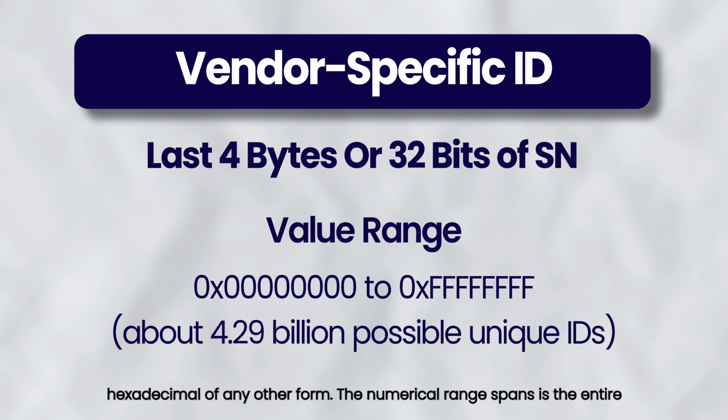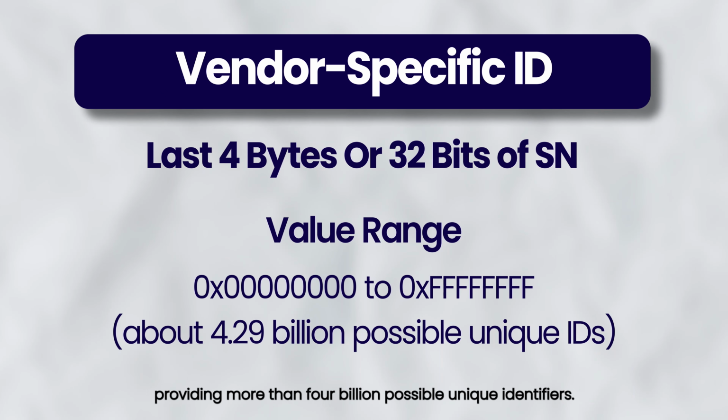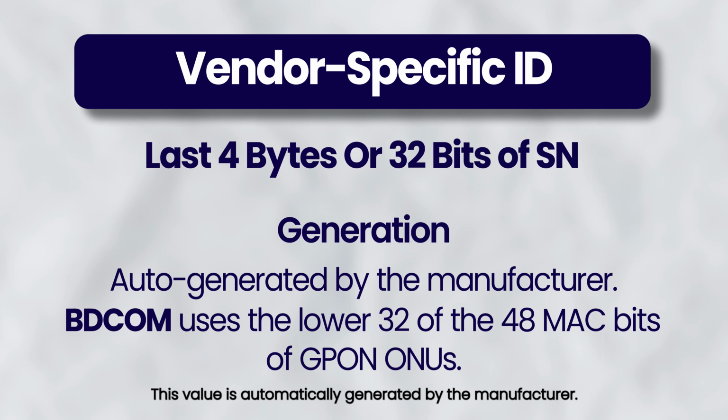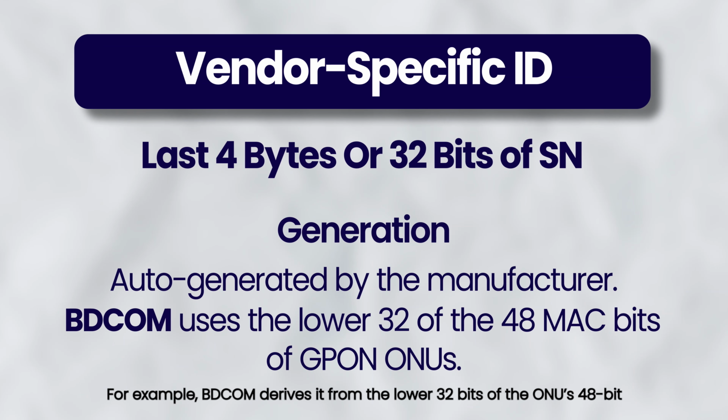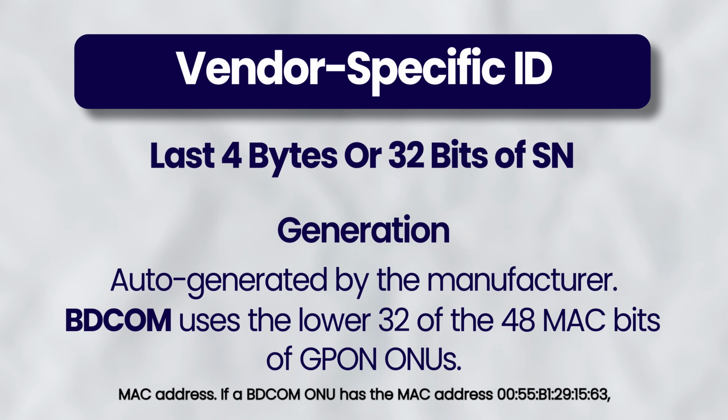The numerical range spans the entire addressable space for a 32-bit system, a series of 4 hexadecimal bytes, providing more than 4 billion possible unique identifiers. This value is automatically generated by the manufacturer. For example, BDCOM derives it from the lower 32 bits of the ONU's 48-bit MAC address.